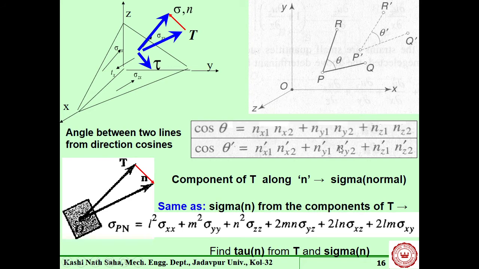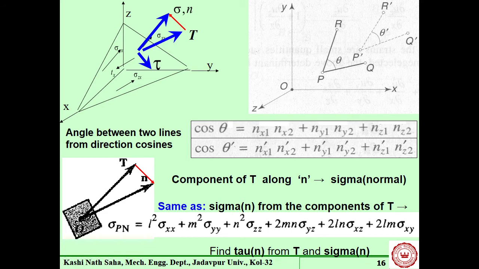If we can track the change in direction cosines of these lines, nx1 prime, ny1 prime, and so on, that is one way of calculating angular strain. What we are measuring here is the change in this included angle theta, and therefrom we calculate shear strain.